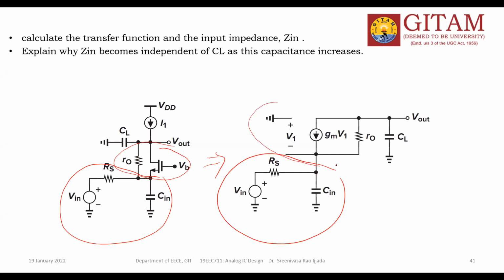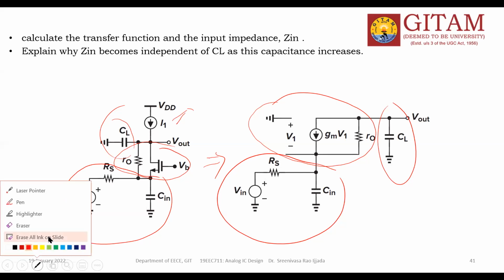And this is the load capacitor. The independent current source is open while drawing the small signal model. Do you understand how to draw the small signal model for this common gate configuration? Yes, sir. If it is okay, then I will move on.